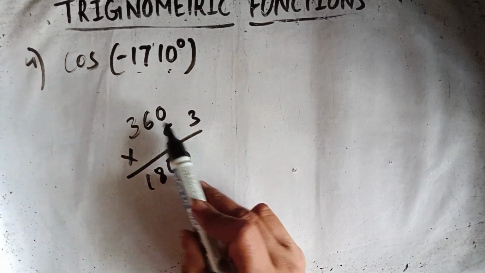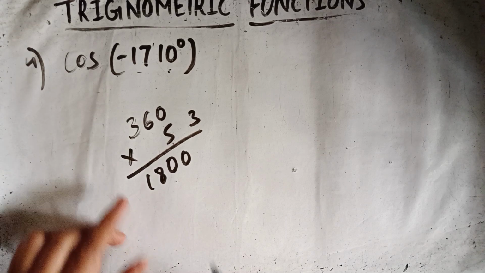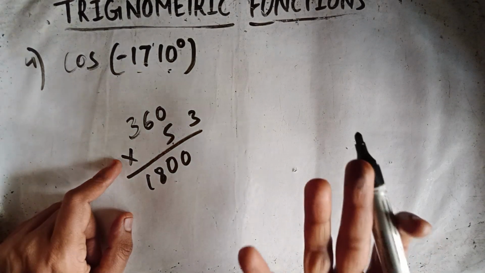So this becomes your 360 into 5. 360 is nothing but 2 pi, and 2 pi is nothing but 0.